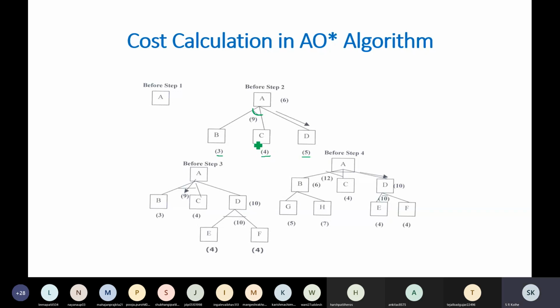Right? So because of this, there are two solution paths, one through B and C, and another one through D. Cost associated with B and C is 4 plus 3, that is 7.